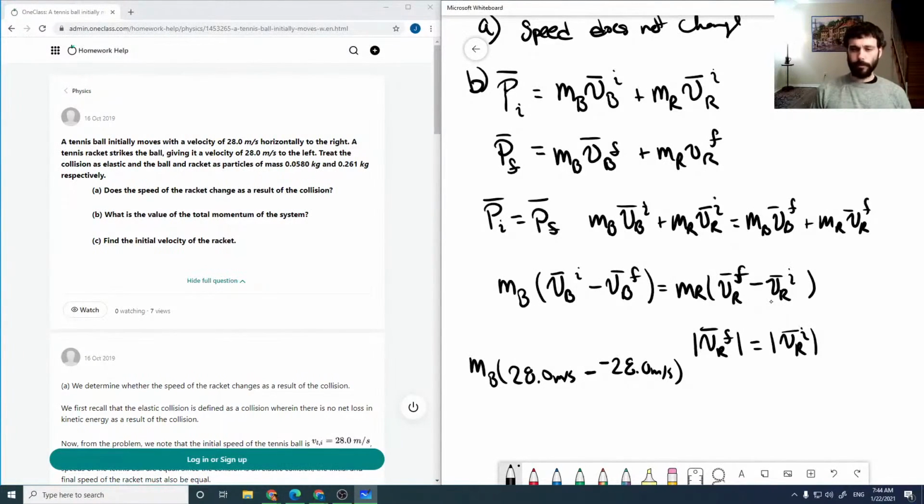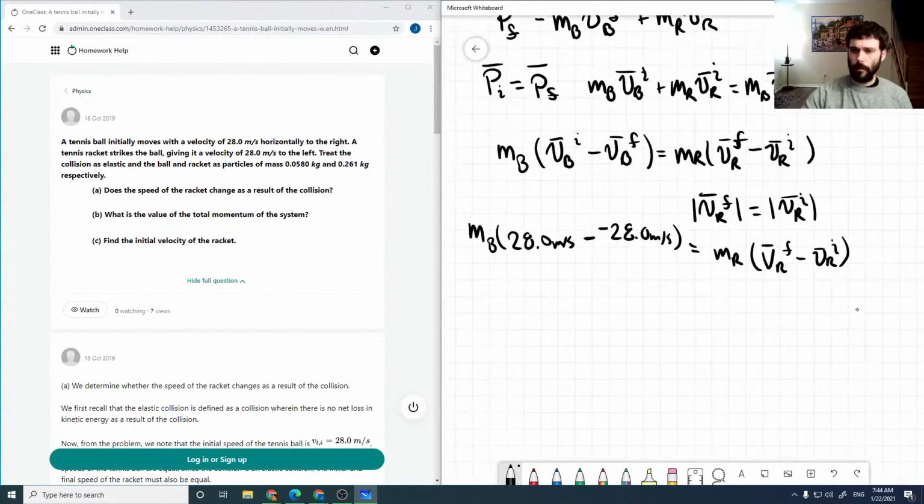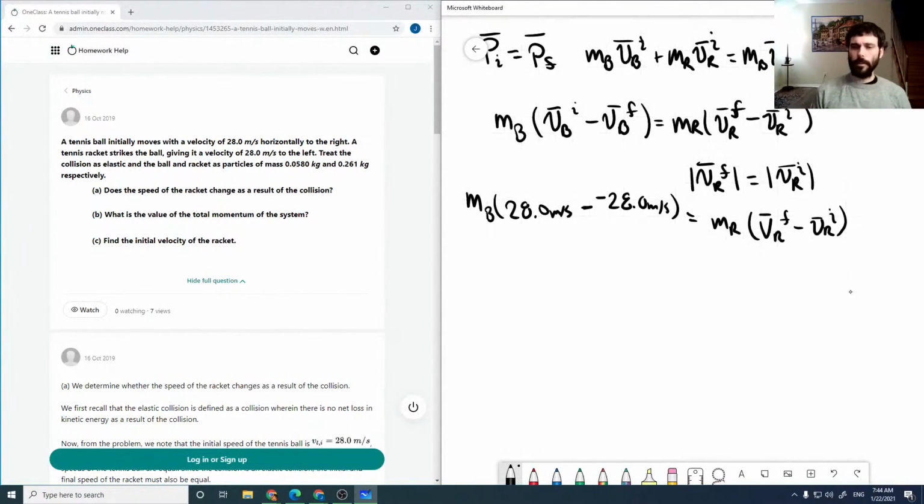So on the left it's non-zero. I'll just leave this in like this. In fact, it's going to be MB times 56.